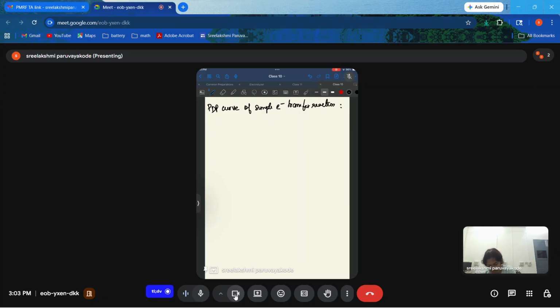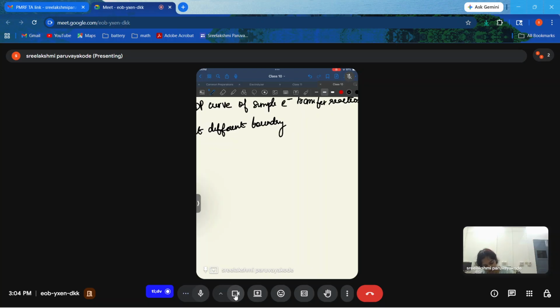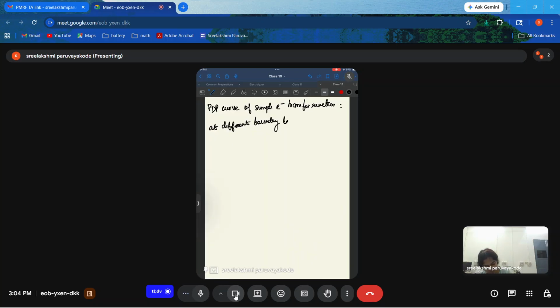Now what will happen if we change the rotation speed? Or I can say a different boundary layer thickness, because when I am increasing the speed, the boundary layer thickness will reduce. This is case number one.